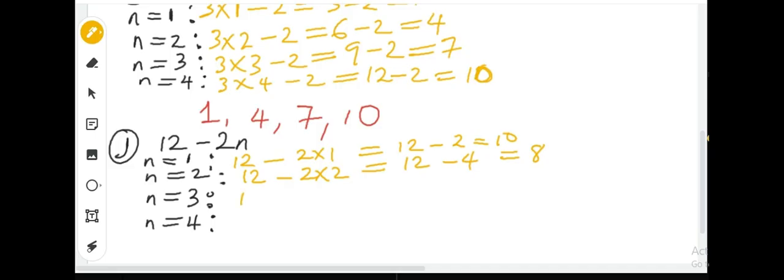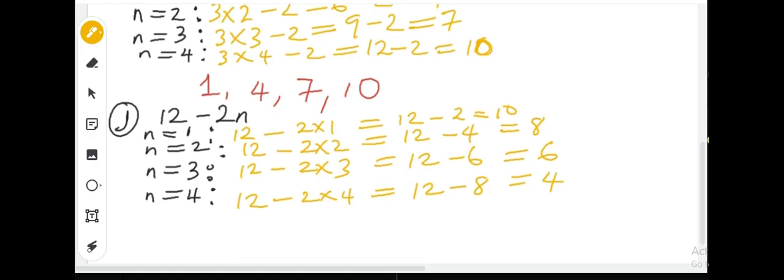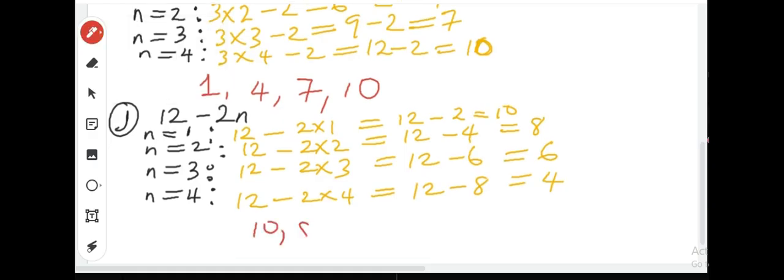The next one is 12 minus 2 times 3, which is 12 minus 6, and that's 6. The other one is 12 minus 2 times 4, which is 12 minus 8, and that's 4. So the terms are 10, 8, 6, and 4.